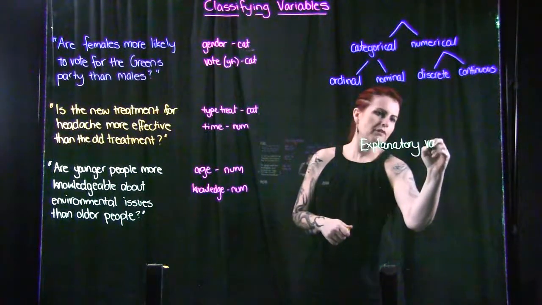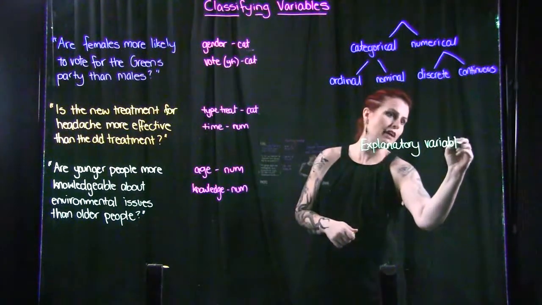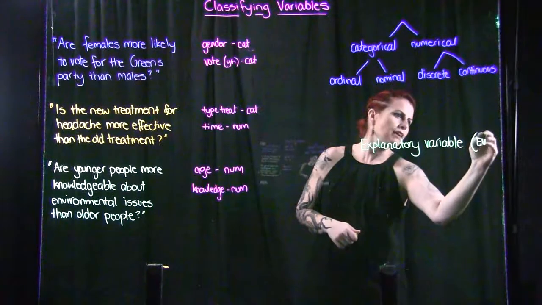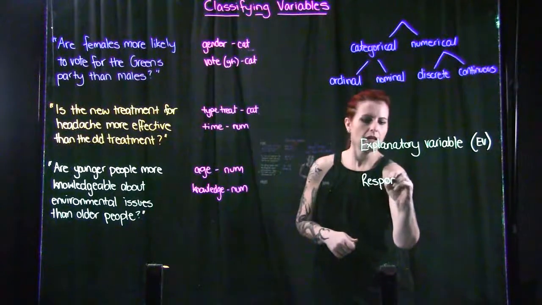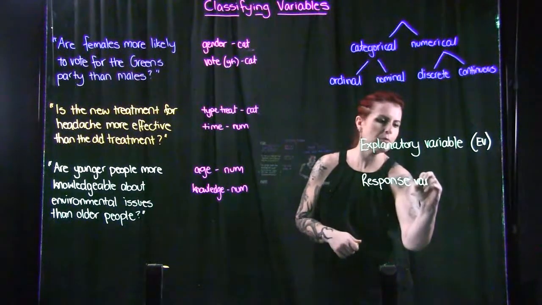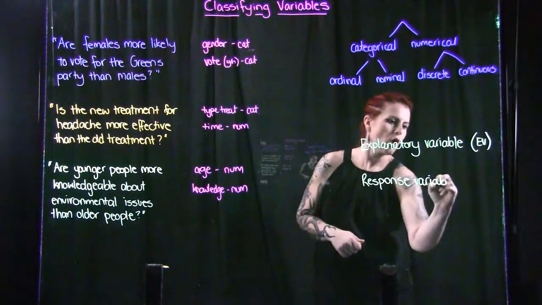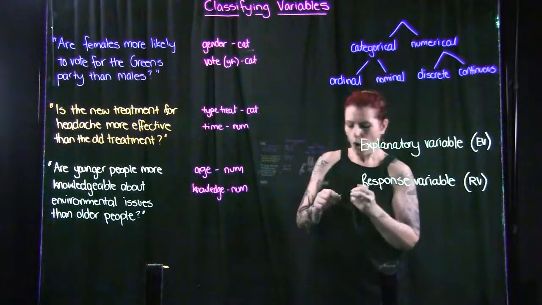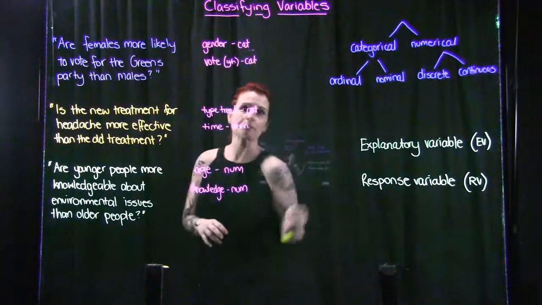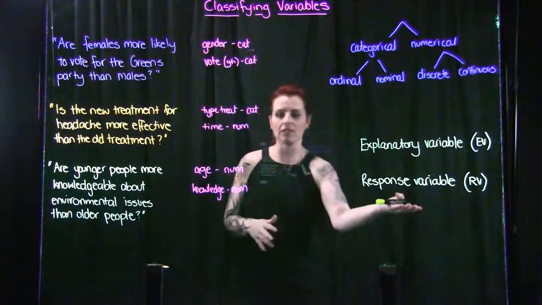Now the last bit we need to kind of look at is explanatory variable. So these actually have names, and we write EV for short, and response variable. Now these are the two types of variables that we're looking at. Once we've decided whether they're categorical or numerical, we then decide whether they're the explanatory variable or the response variable.